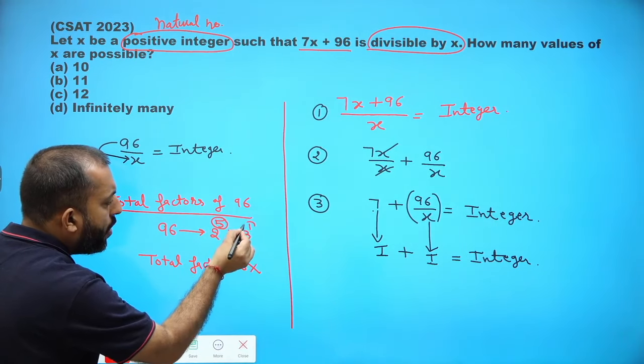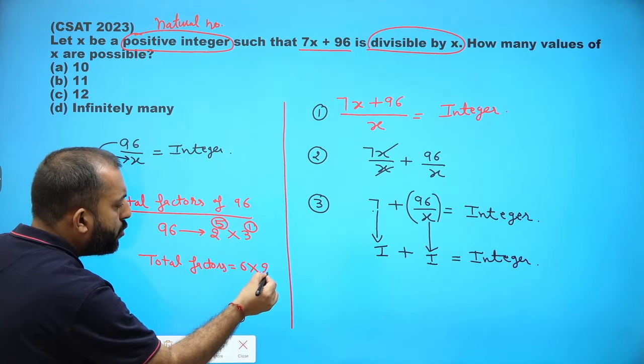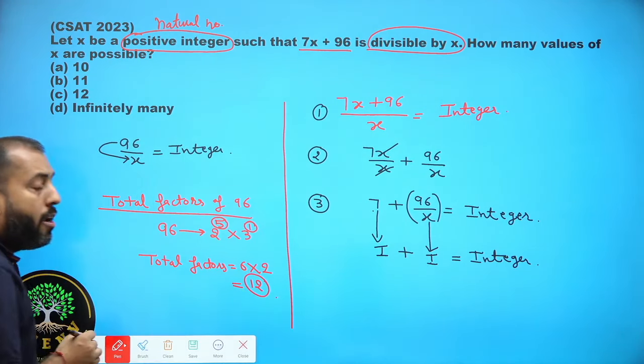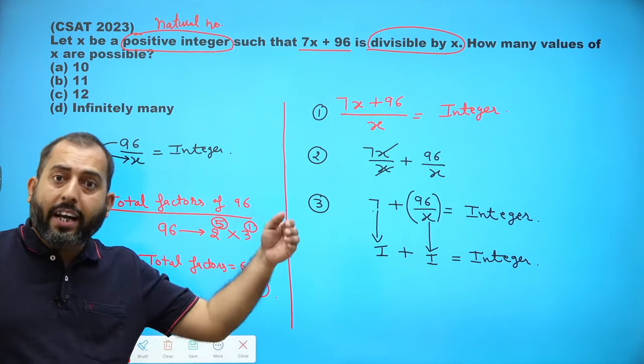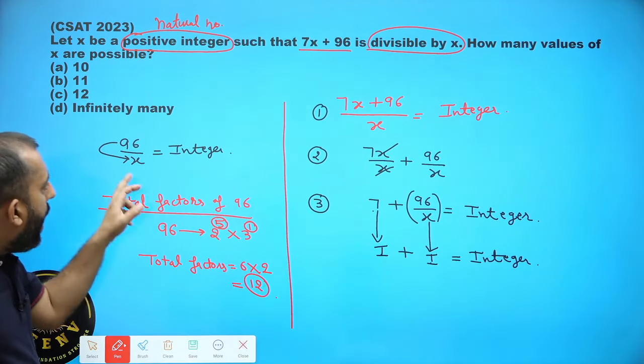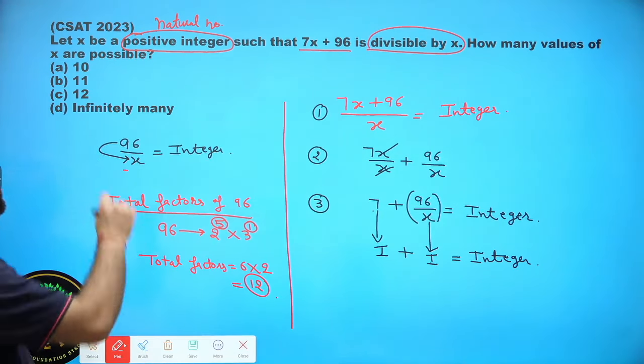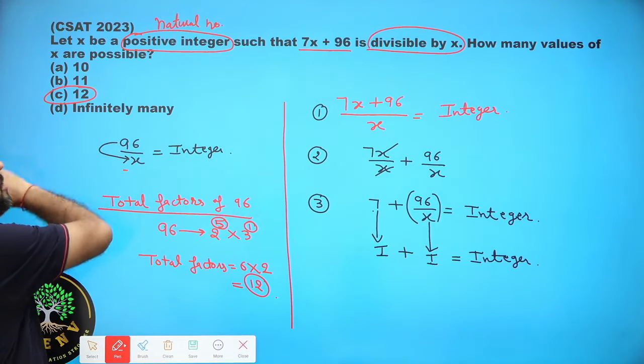Power of 3 is 1, add 1 to 1, which becomes 2. 6 into 2 comes out to be equal to 12. So 12 factors are there. It means x can take 12 values. Hence, the answer of this question is option C.